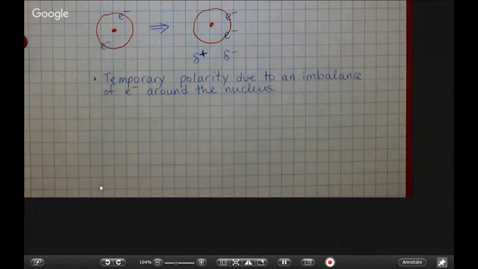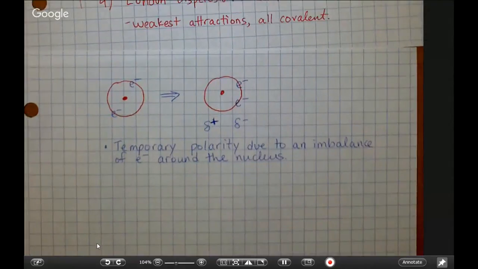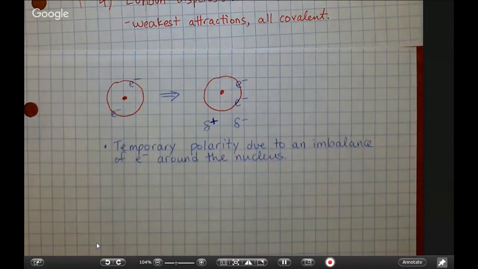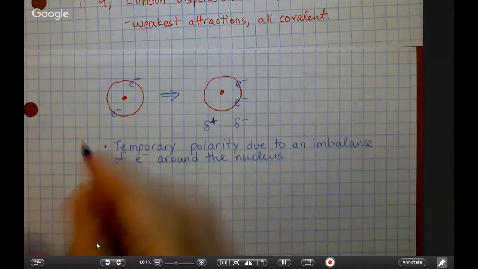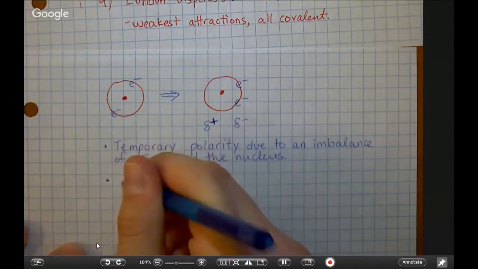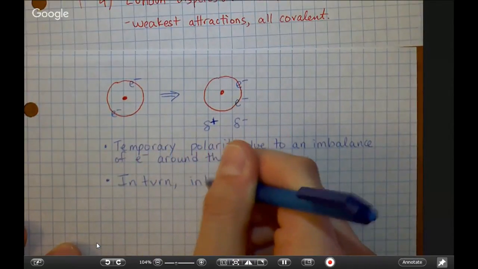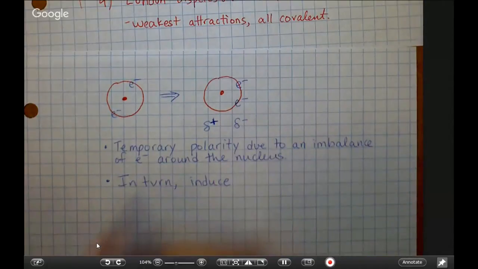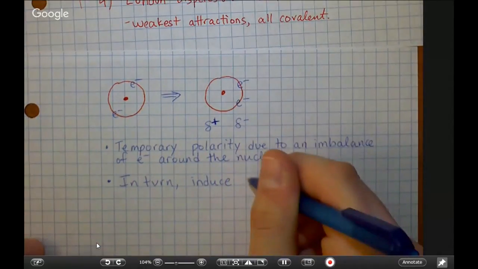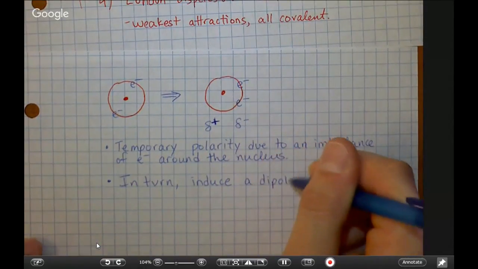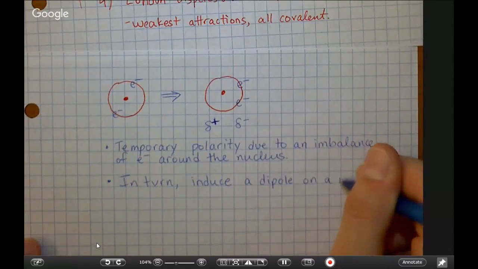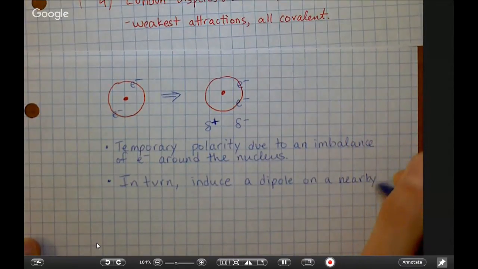So we get this temporary polarity due to an imbalance of electrons around the nucleus. And this in turn can induce or create all of a sudden a dipole on a nearby atom.